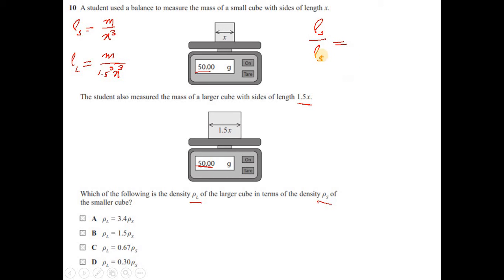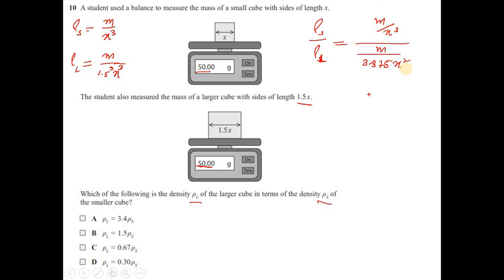it's rho L. So you do the ratio work, and you say m upon x cube divided by m upon 1.5 cube, and 1.5 cube is 3.375 x cube.